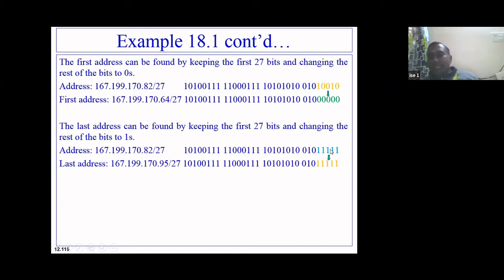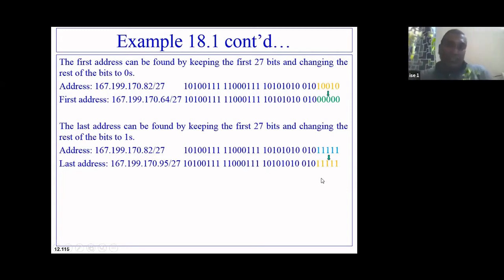I have taken the color code to represent the length of prefix and suffix. Now, since I want to know the last address, I have to make the last 32 minus 27, 5 bits, as 1. Since all were 1 already, we could have had 0, 1, 0, 1, something like that in all 5 bits, but all bits I'll make 1. So these many last addresses will be there.